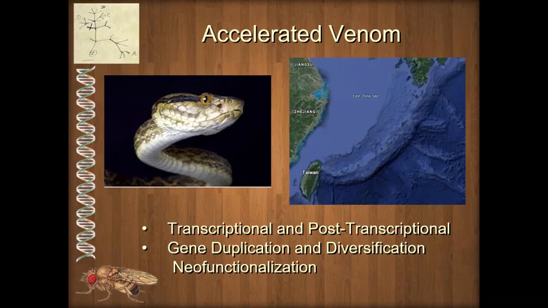But more frequently, when you have an extra copy, it will either mutate and become part of the non-coding DNA because you don't need the 2 copies, or more rarely, but very, very importantly for the evolution of gene diversity, it will become neofunctionalized. And so when a gene loses its function and becomes part of the non-coding DNA, if we could still recognize it, we call it a pseudogene.